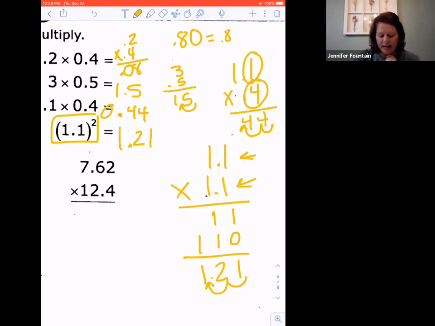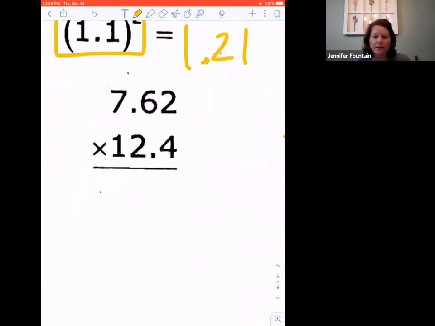Now they've gone ahead and lined these up vertically for us. So again, we're just going to multiply and not worry about our decimals to begin with. So 2 times 4 is 8. 6 times 4 is 24, so I put down my 4 and carry my 2. 7 times 4 is 28, plus the 2 that I carried will be 30.